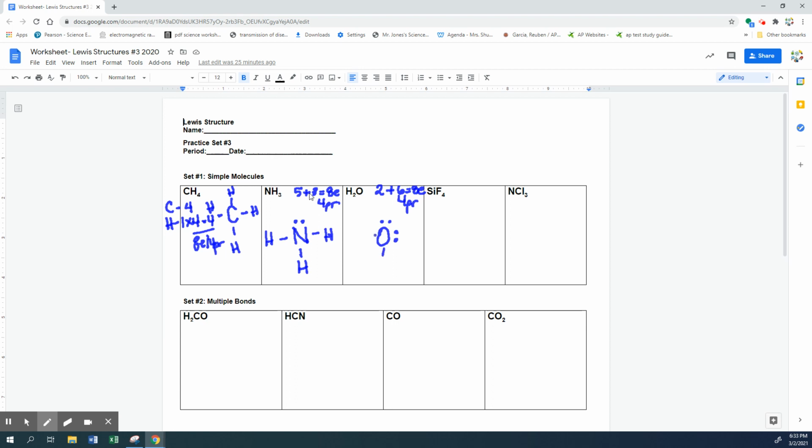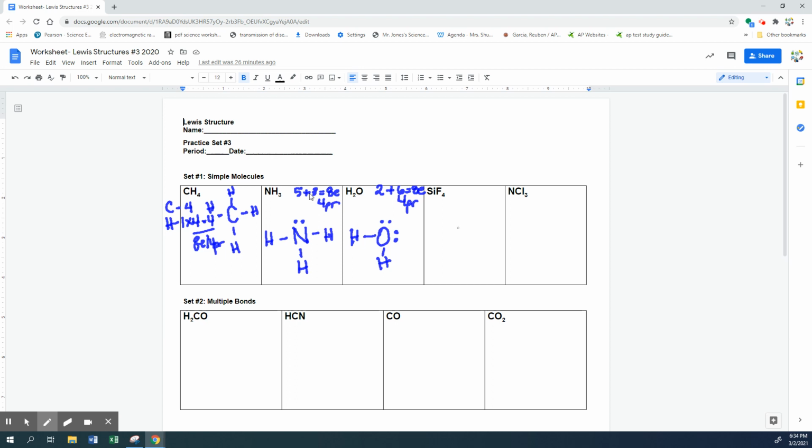Coming off, it will also have 2 bonds. Conveniently, we have 2 hydrogens for those bonds. Make sure everything's happy. Our oxygen has 8 electrons, 2 bonding pairs and then 2 unshared pairs. Each hydrogen has 1 bond coming off of it, so they're all happy. In total, we use 4 pairs: 1, 2, 3, 4.